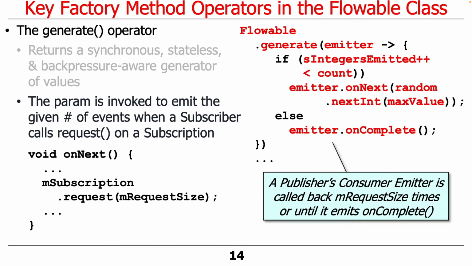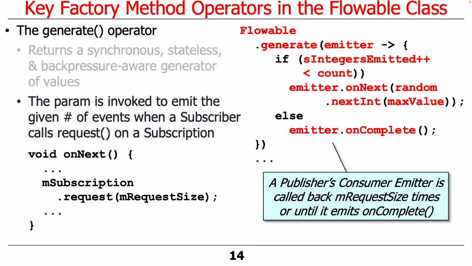And what that'll do is send a message up the stream to the generator, to the publisher, and it will then invoke this particular consumer to say, please generate the next event for me. And you can see the way this works. This particular example says if we've not emitted all the ones we're supposed to emit, in other words, if the integers emitted is less than the max count, then emit the next value.